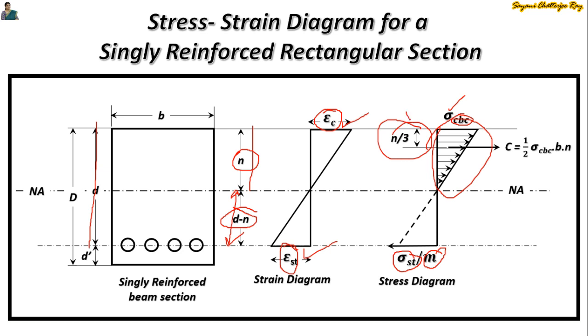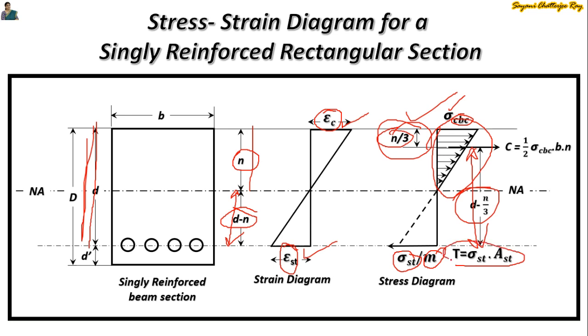So if this is n by 3, the remaining portion will be d minus n by 3, because the total portion is d. The tensile force is equal to sigma St into Ast. Ast is the area of the tensile reinforcement.